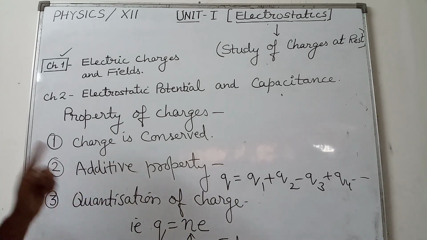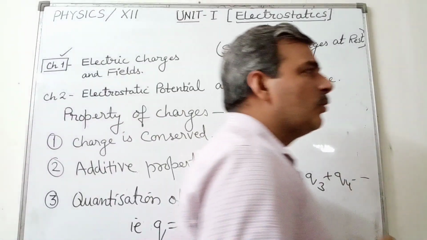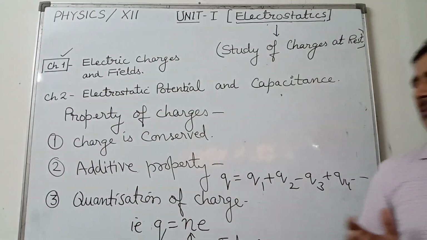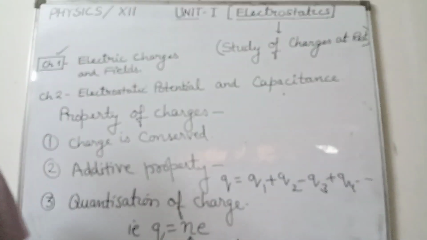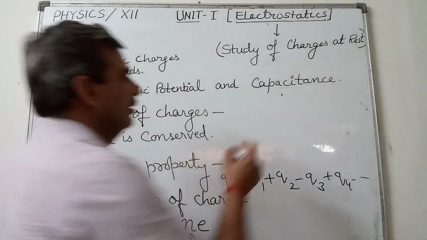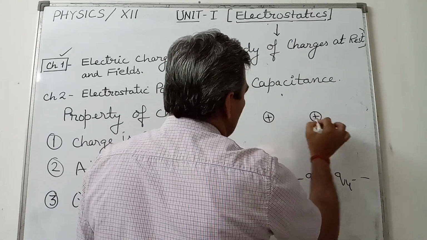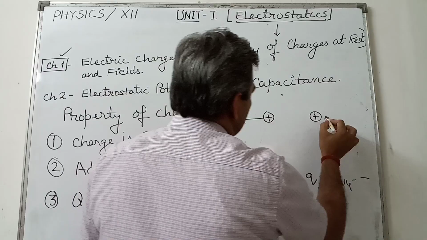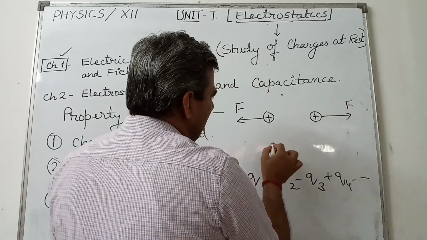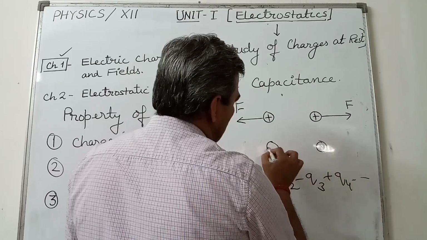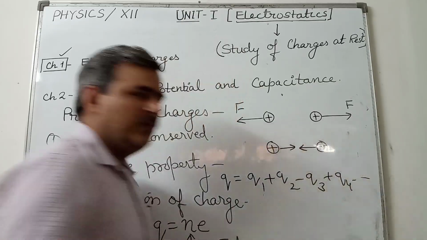Now, as you already know, like charges repel while unlike charges attract. Like charges repel means if you have two positive charges, the force between them is repulsive in nature. While if you have unlike charges, one positive and other negative, they will attract one another.